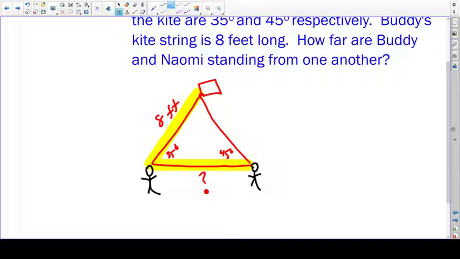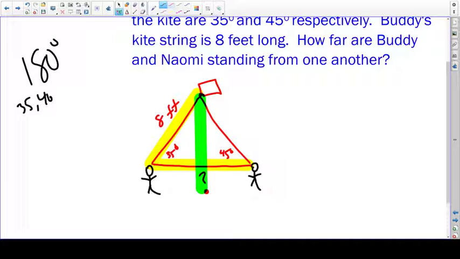So if we only know one side and we're looking for another side, cosine law is not going to help. So we're going to use sine law here. But in order to use sine law and to find a side, we need to know the opposite angle. So how do we find the opposite angle? Well, we know that all the angles in a triangle add up to 180. We also know that we have an angle of 35 degrees and an angle of 45 degrees.